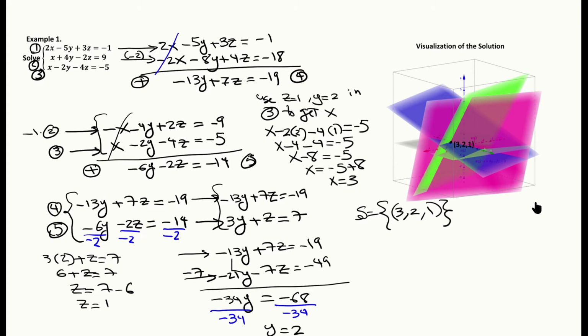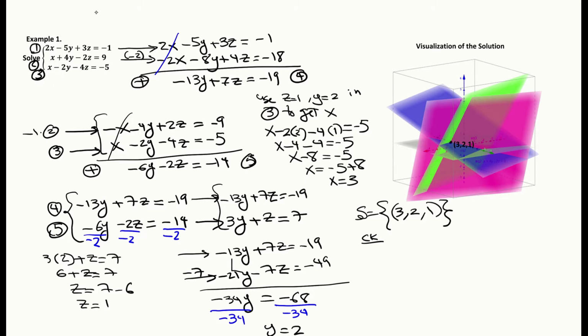Now, whenever time allows, it would be a very good idea for you to go ahead and check, and of course that would not be difficult. You just go ahead and substitute 3 for x, 2 for y, and 1 for z into all three of those equations. Make sure they become true.